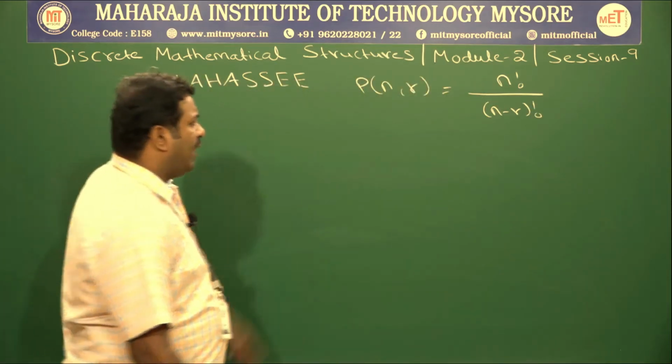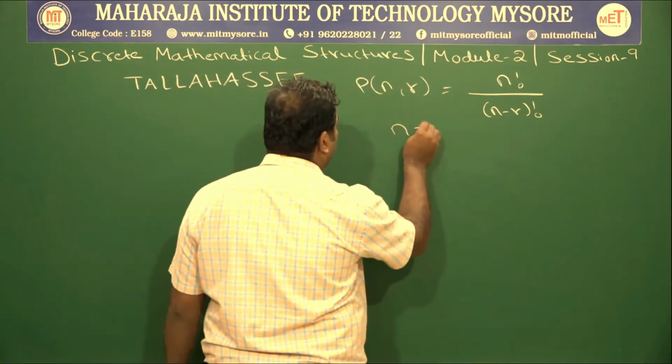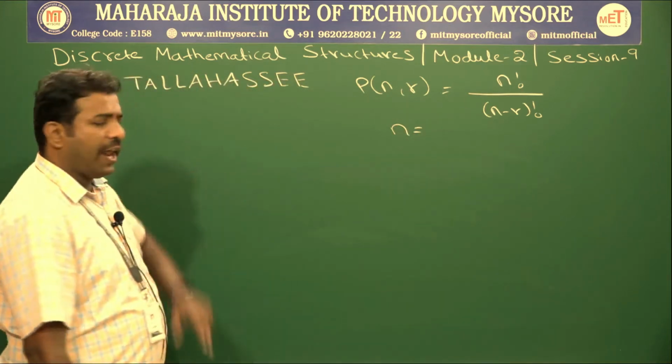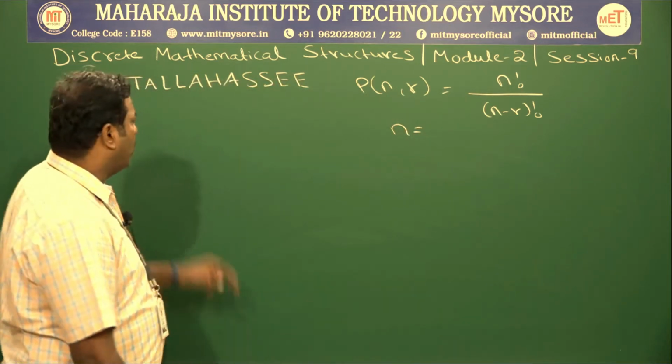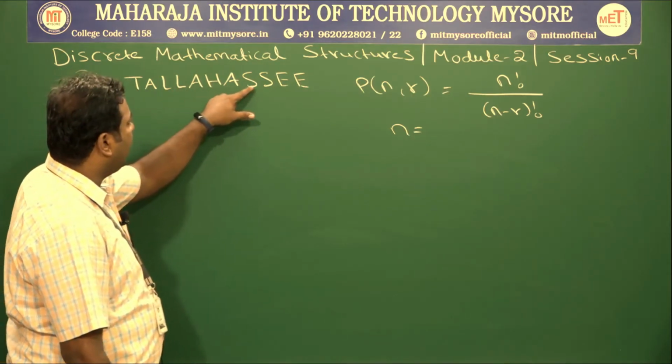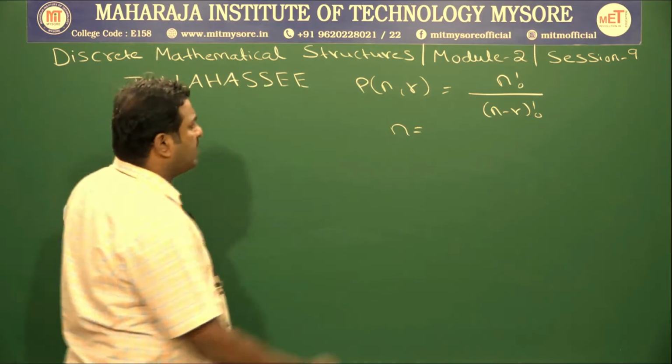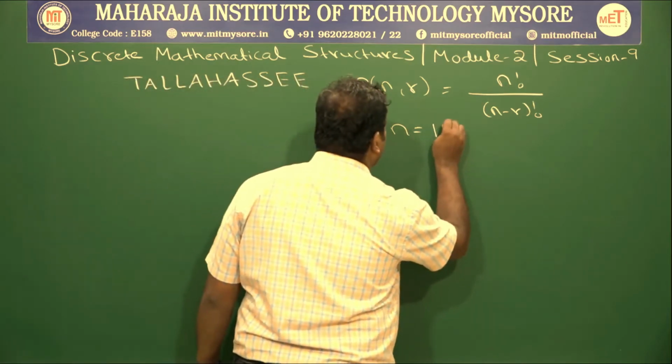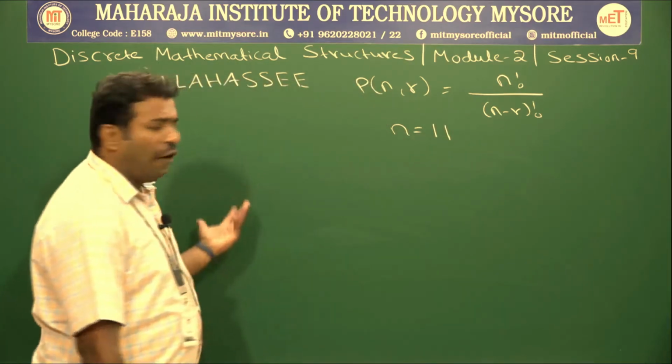Now what is the value of N? N is the number of characters, the number of objects: 1, 2, 3, 4, 5, 6, 7, 8, 9, 10, 11. Hence N is 11. What's the value of R?